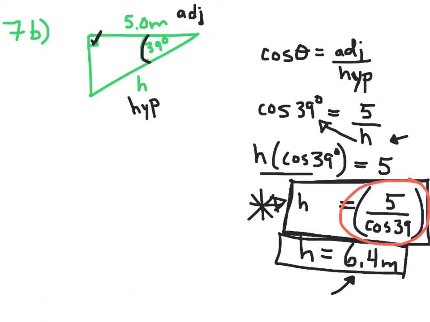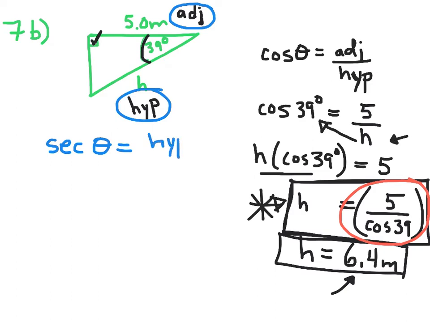If the question specifically asks us to use reciprocal ratios, we would take a look at what this question was giving us. The question is giving us the adjacent and hypotenuse. The thing that relates adjacent and hypotenuse is cos, but cos's reciprocal is secant. So another way of doing this problem would be writing secant theta is the hypotenuse over the adjacent.